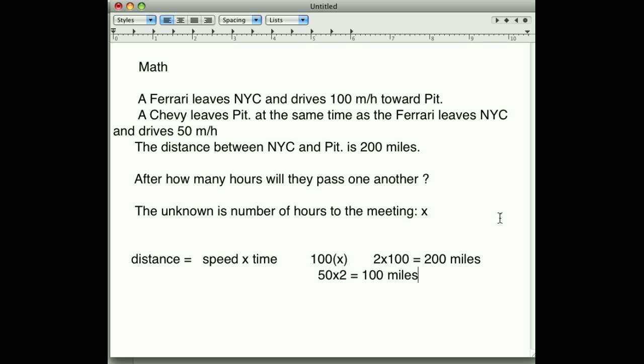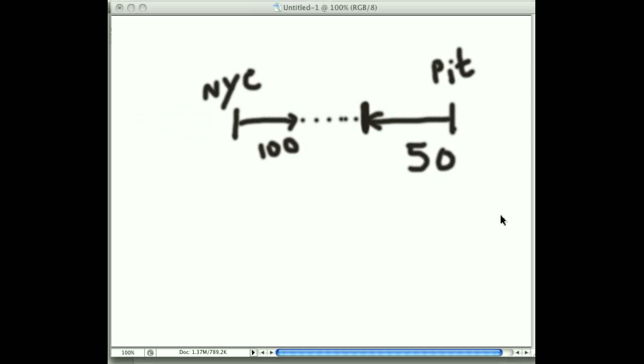So the equation that we can put together will be 100 times x is the distance that the Ferrari goes in x hours, and if we add that, in order for them to meet, what needs to happen?